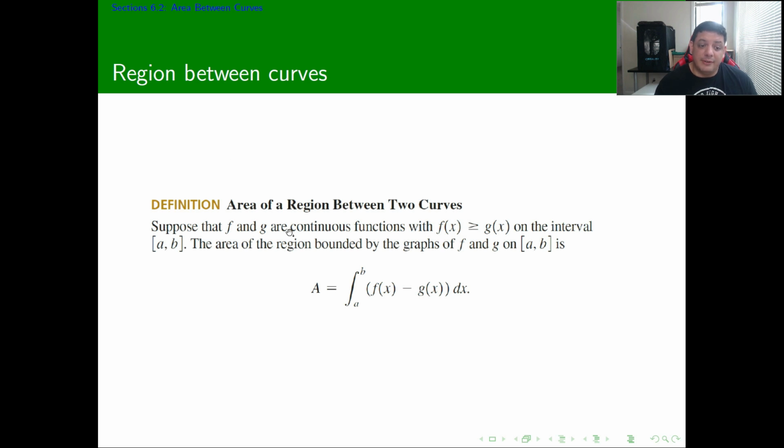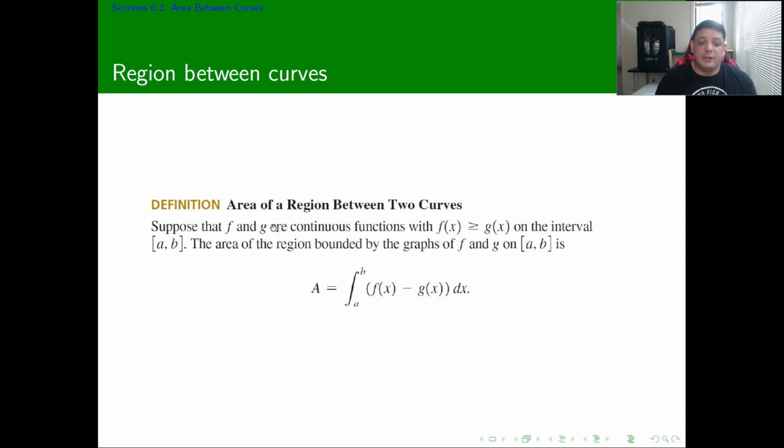So in that form, we can find the area of a region between two curves by checking first which function is bigger than the other, and taking the difference between the top function and the lower function in the integral from a to b.